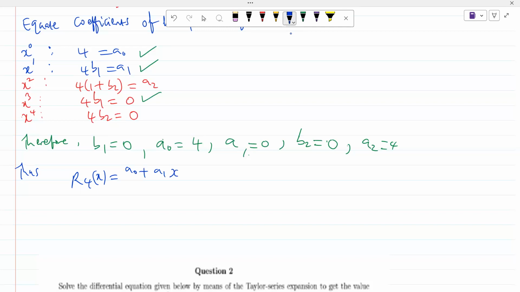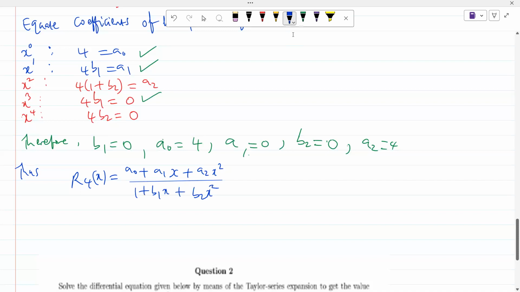And then we have A1x plus A2x squared. We divide everything by 1 plus b1x, and then we have b2x squared.